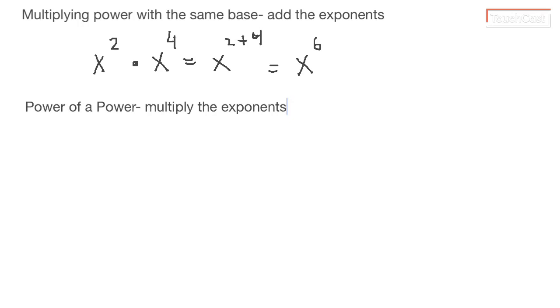Well, if we had, say, x raised to the power of 3, and then we raise that expression to the power of 2, we're going to go x to the power of 3 times 2, and 3 times 2 is 6, so we're going to have x to the power of 6.